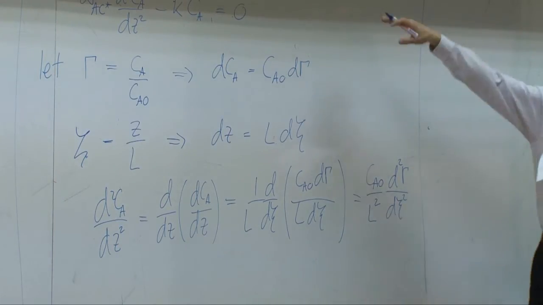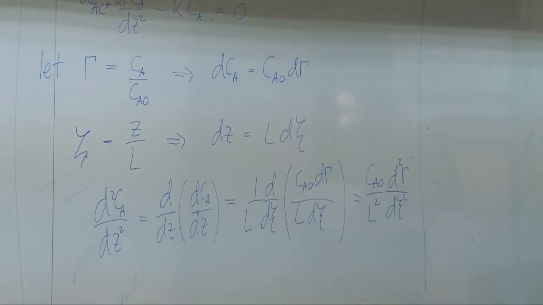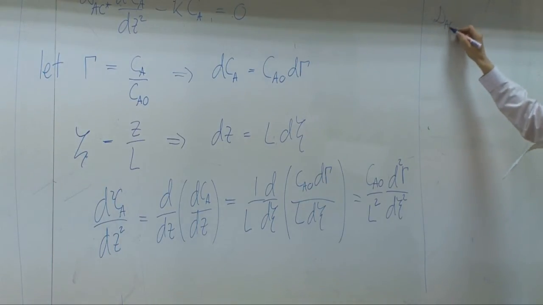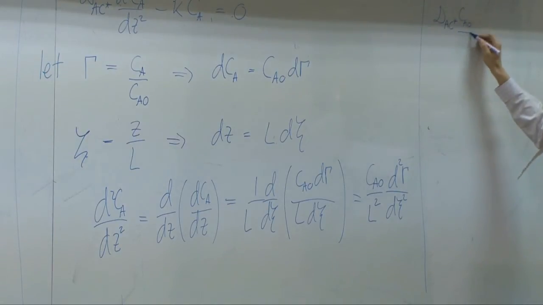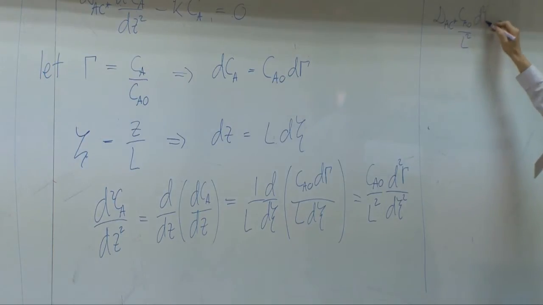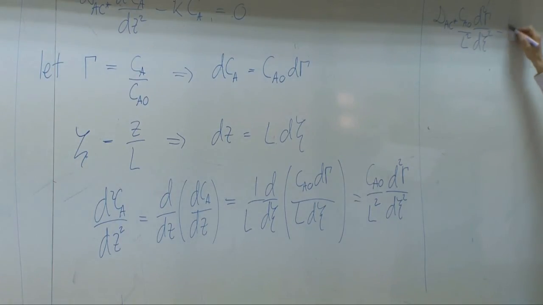Put it back into the differentiation. Then you have dAc star, Ca0 over L square d square gamma by d psi squared minus k triple prime. Ca itself is Ca0 times gamma, equal to 0.